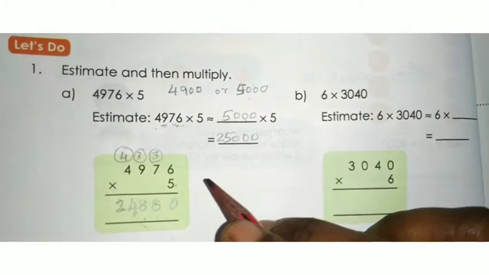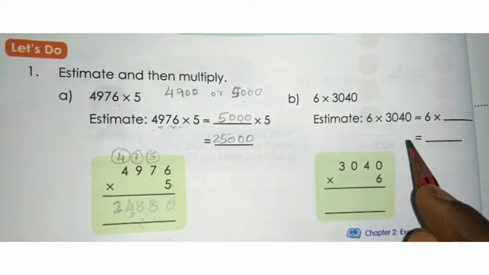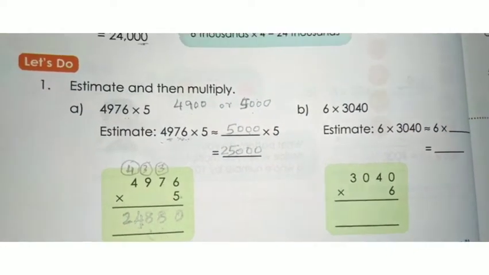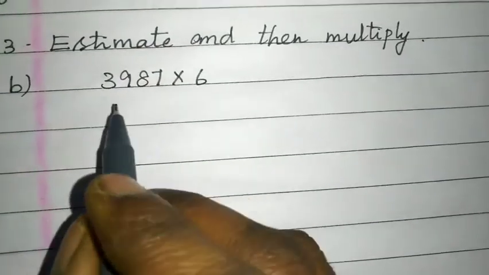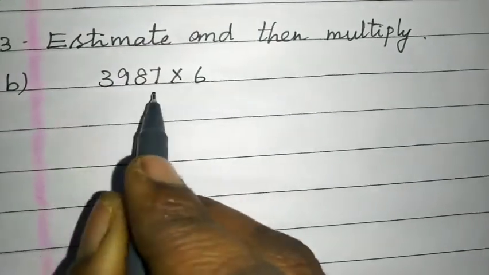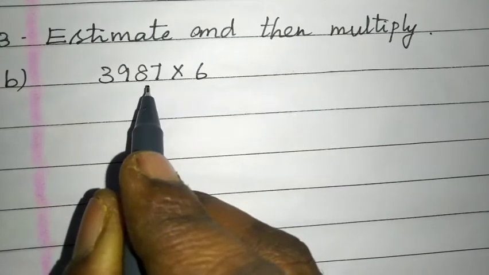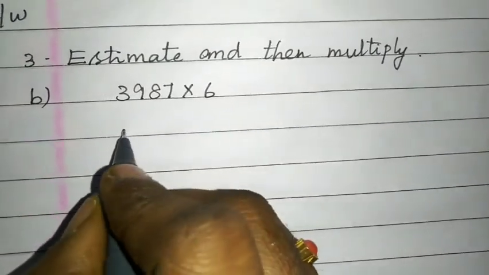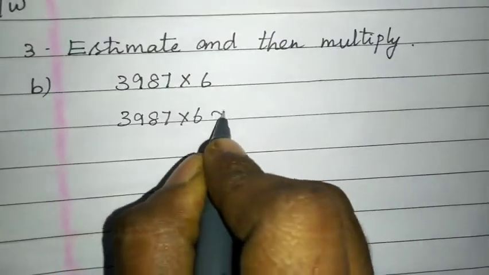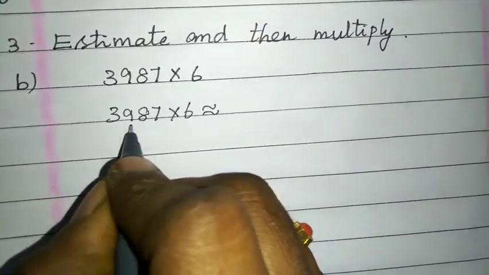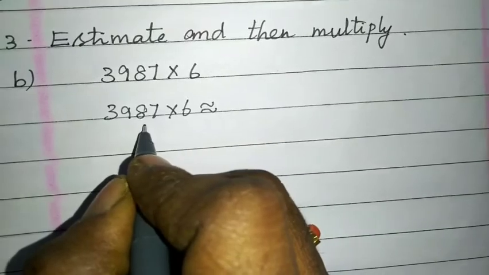As with this problem, you have to do this problem by yourself. Okay children? 3,987 into 6. We have to round off the given 4-digit number to the nearest value. So consider 3,987 into 6. You have to find the round off value for 3,987. Which is the nearest value?